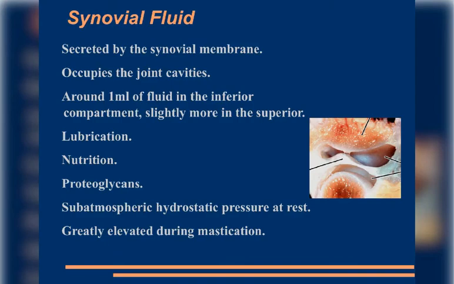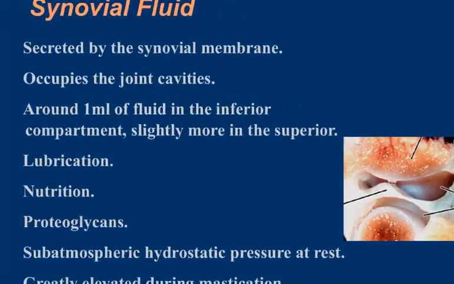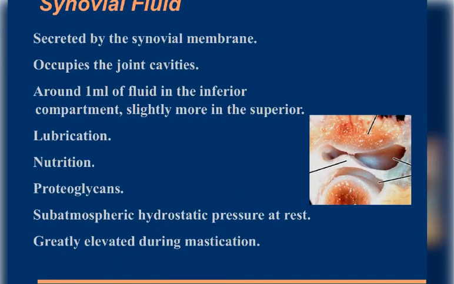I'll talk about the synovial fluid. Synovial fluid is secreted by the synovial membrane. It occupies the joint cavities, so the upper joint cavity and lower joint cavity are filled with synovial fluid.